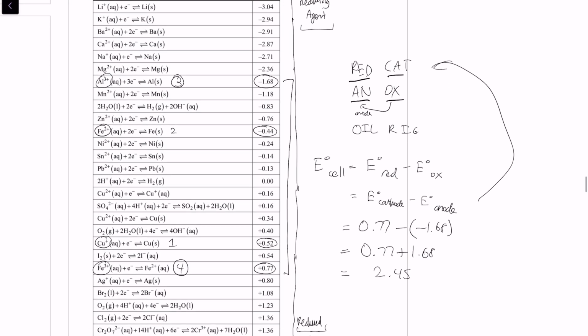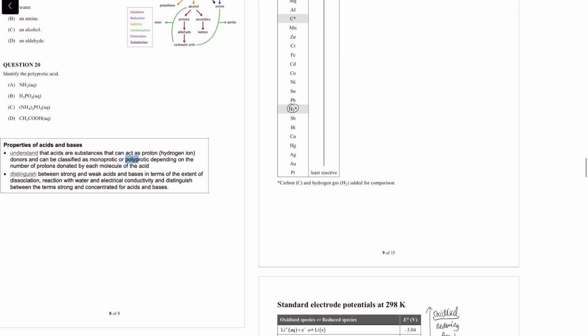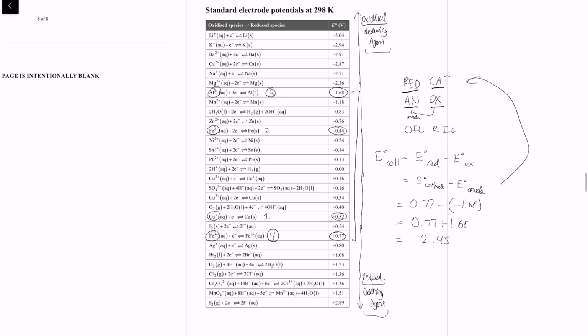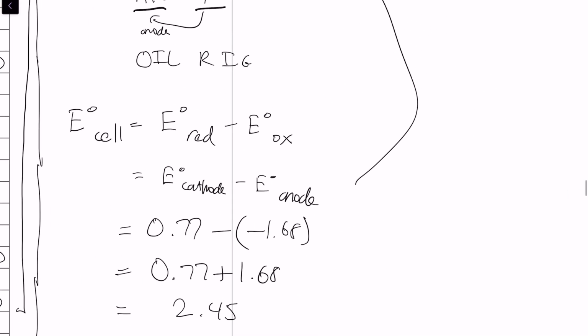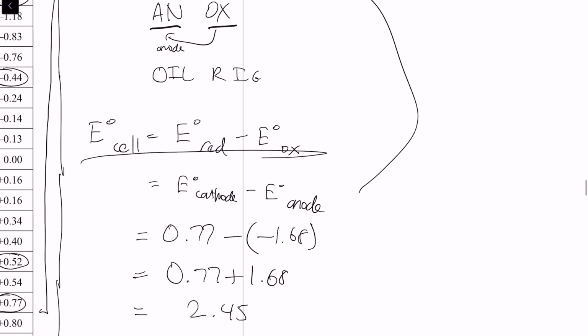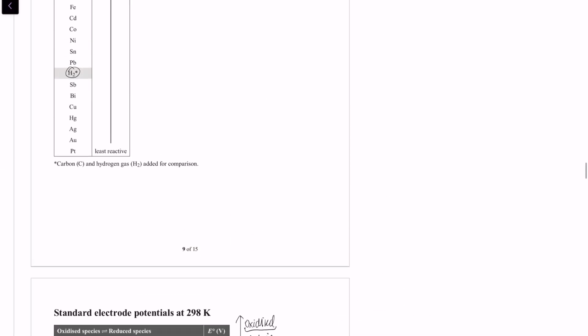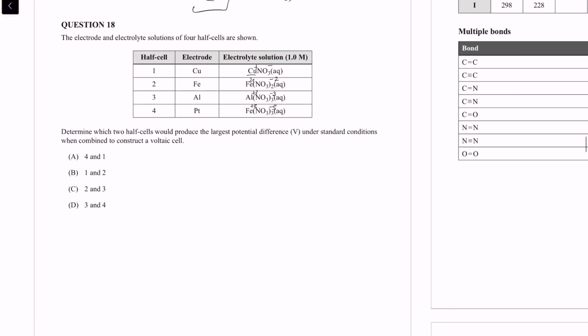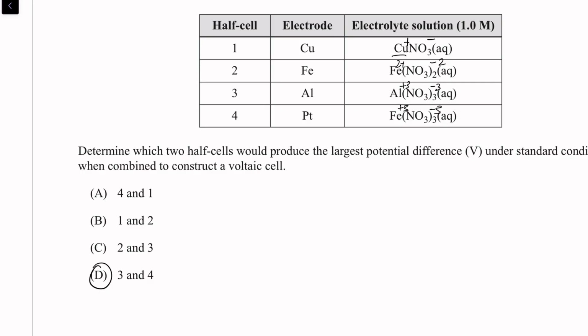So the greater distance the half cells are on the table, the greater their difference is going to be, which is what our formula is saying for the E naught cell. So our answer there would be D. That's a faster way of going about it rather than doing each and every one of those combinations from A to D, but you can definitely do that and it will still point out the same answer.